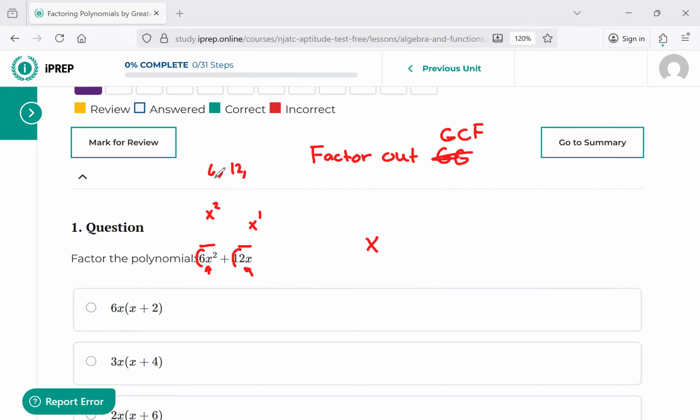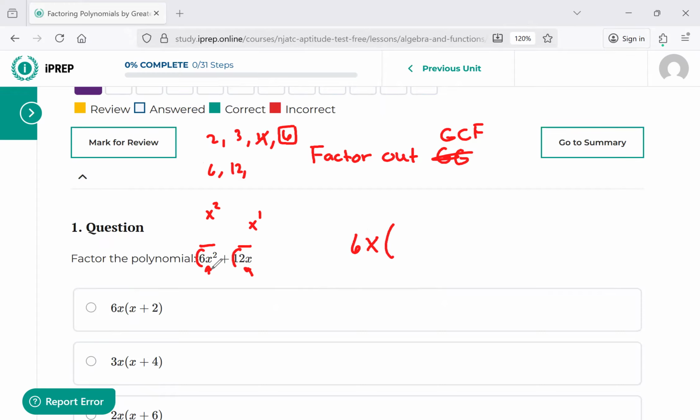No. What about 3? 6 divided by 3 comes out nicely, and 12 divided by 3 comes out nicely, but is it the largest? No. What about 4? 6 divided by 4 doesn't come out nicely. 5, no. What about 6? 6 divided by 6 comes out nicely, and 12 divided by 6 comes out nicely. We can't go any further, because anything higher will make the 6 a decimal. So we can take out a 6.